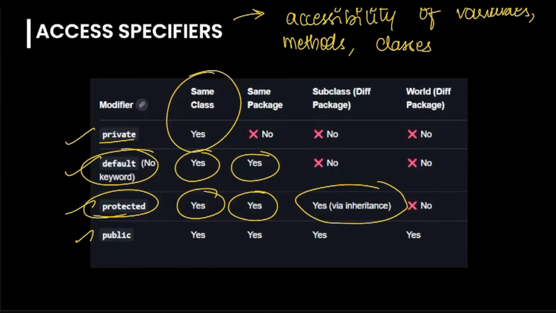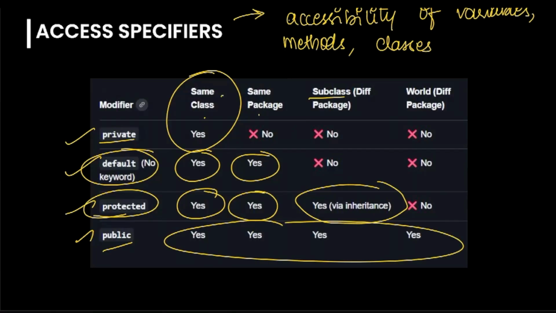Just remember for now that it is accessible in the same class, same package, and a subclass via inheritance. The last access specifier that we need to know is public. Public is accessible anywhere. It is accessible in the same class, the same package, a subclass, or a different package. So that is what a public access specifier is.